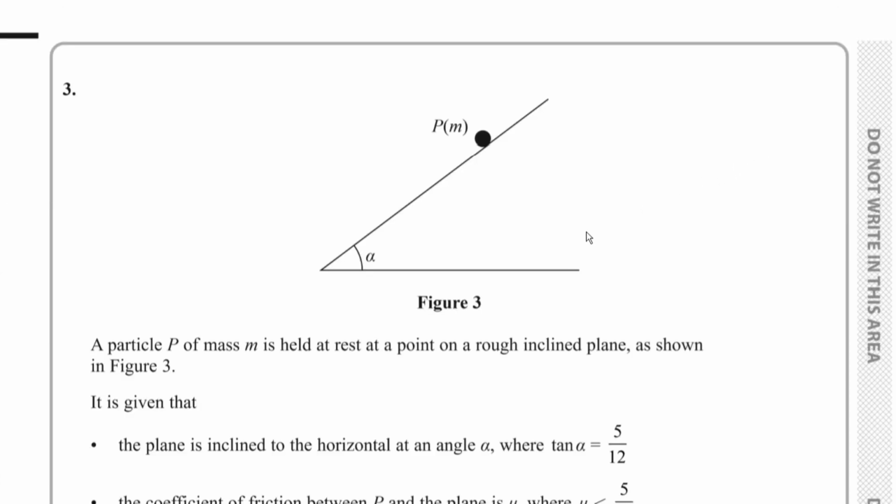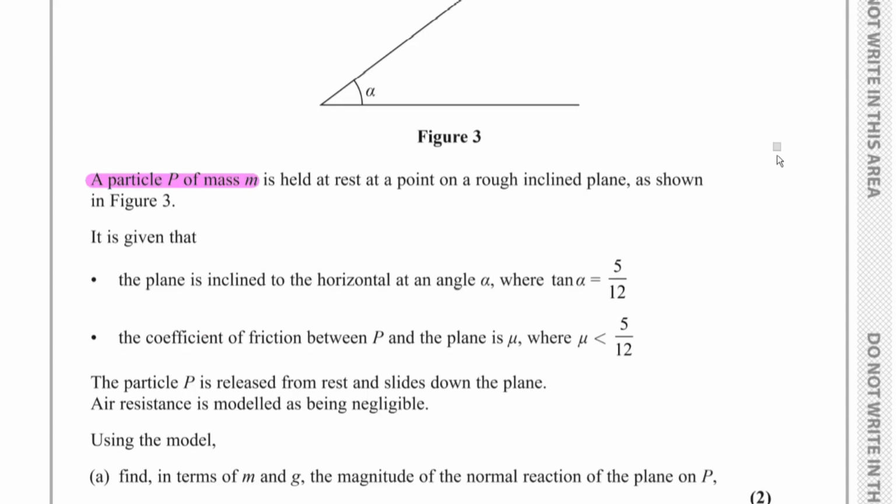Question number 3. A particle P of mass m is held at rest at a point on a rough inclined plane as shown in figure 3. It is given that the plane is inclined to the horizontal at an angle alpha, where tan alpha equals 5 over 12.